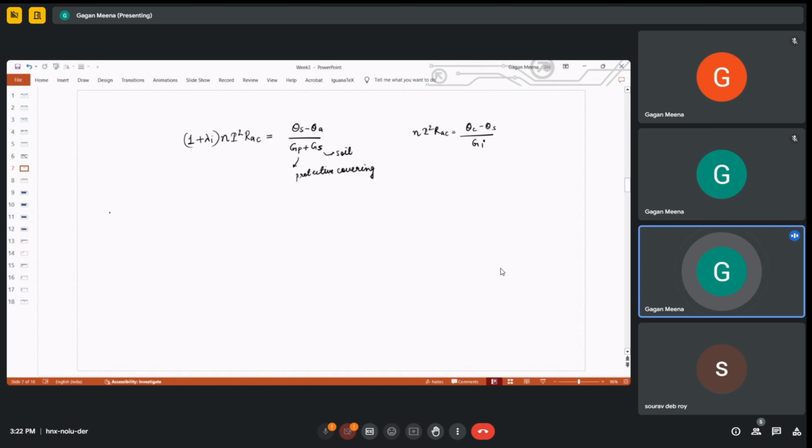So this is given by theta C minus theta S divided by GI.